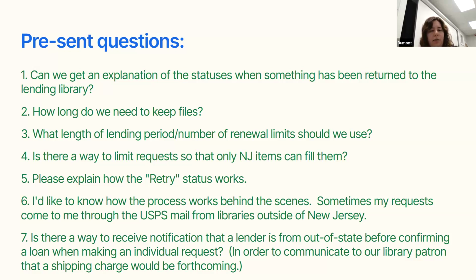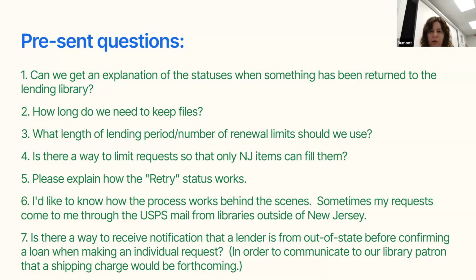Number 3: what length of lending period and number of renewal limits should we use? I did plan on showing you guys how to get to this. For the length of the lending period, one of the Share It trainings that I had recently attended said that it should be set at 28 days, so the same as our regular Buckles lending period.